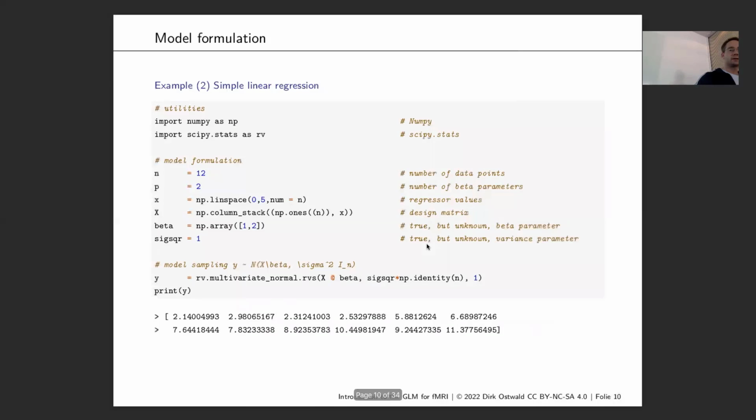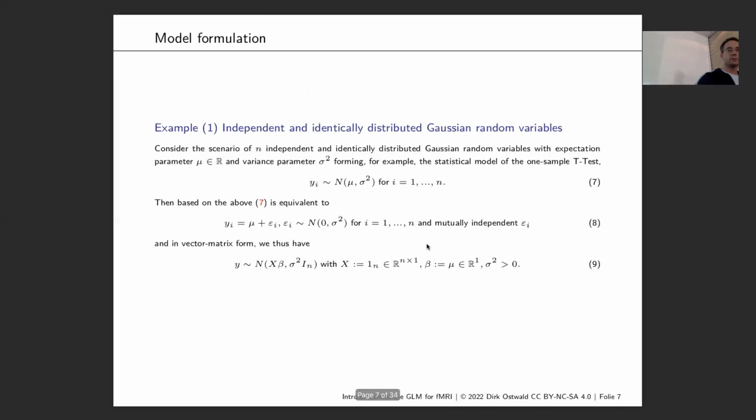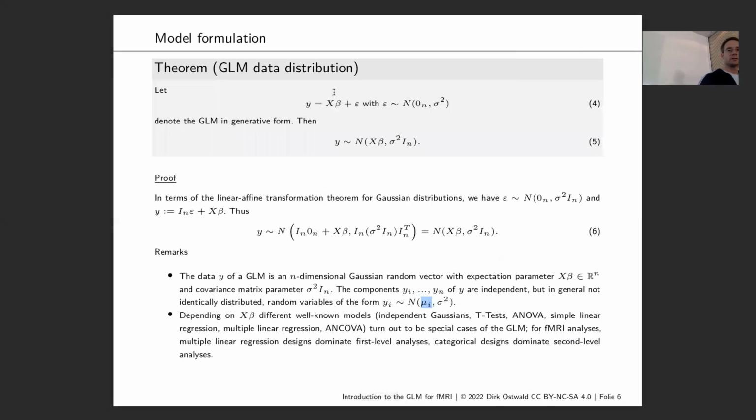And again, the crucial thing is, the overall formula is always the same. That's always this x beta plus epsilon. But now, of course, comparing one sample t-test and simple linear regression, the x and the beta and also their meanings have changed. So in one sample t-test designs, this is just a column of ones, and the beta is the expectation parameter that is the same for all of the Gaussian random variables.